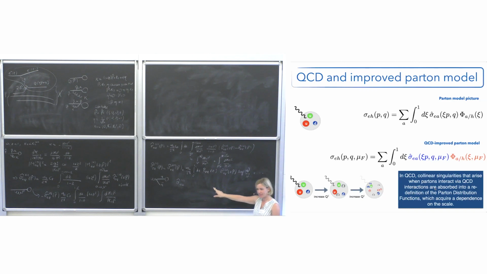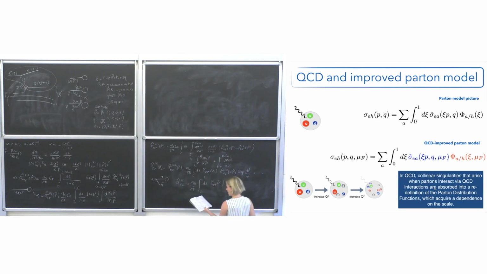Okay, so now I'm showing you that the log that is bothering you is there also in this other channel, the gluon that splits into a quark and anti-quark. Again, if you do this calculation, you don't have the tree level, but you have alpha s over 2 pi, the integral dz between 0 and 1 of P_qg. So it's another universal function that is different because you have the gluon splitting.